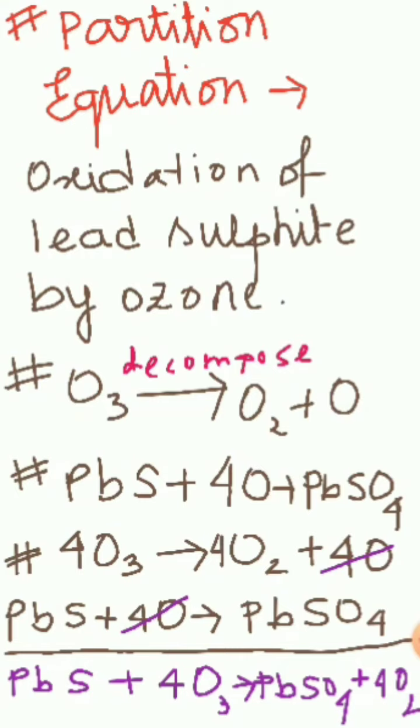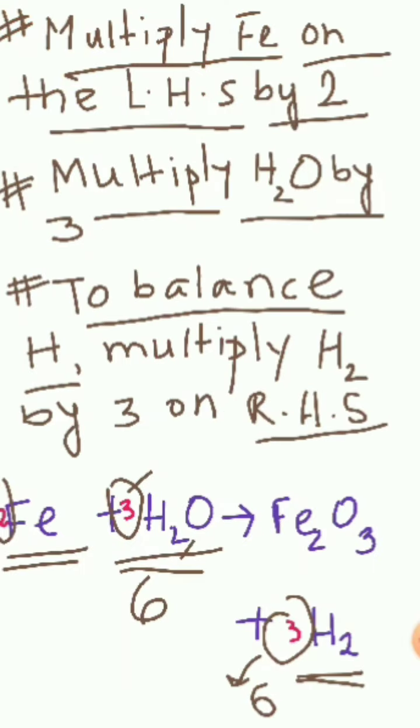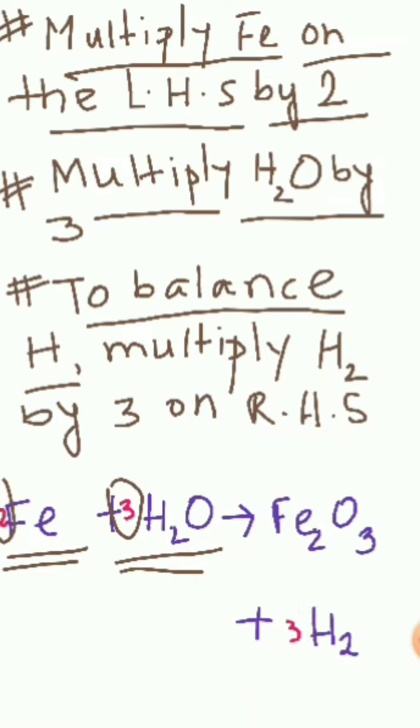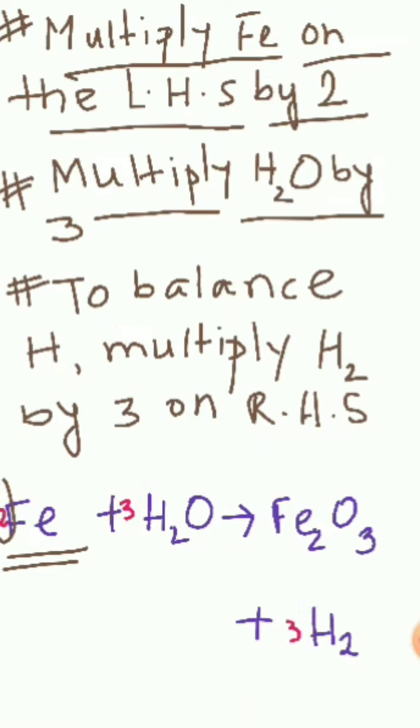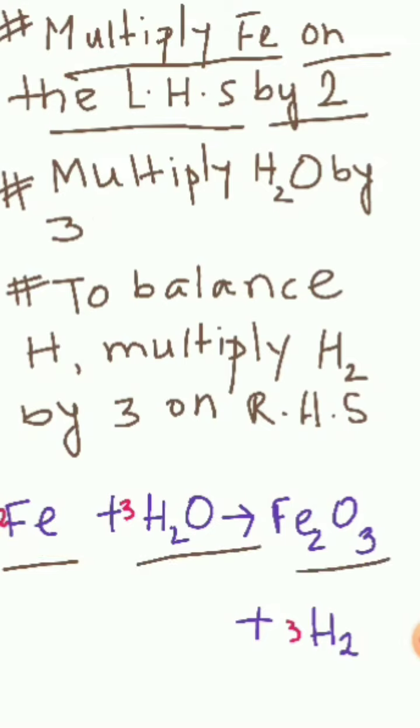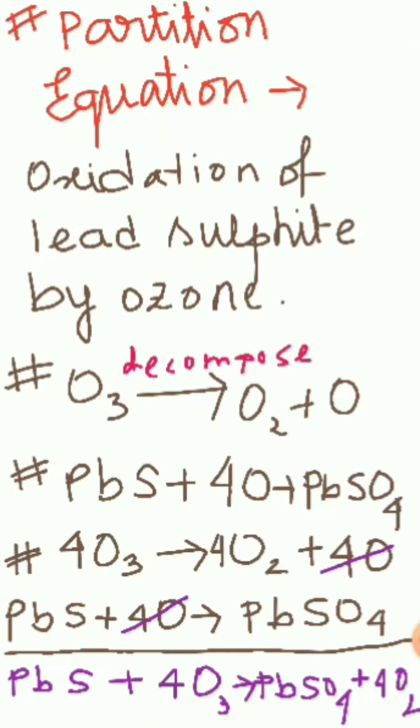Finally, the overall balanced reaction we get is 2Fe plus 3H2O equals Fe2O3 plus 3H2.